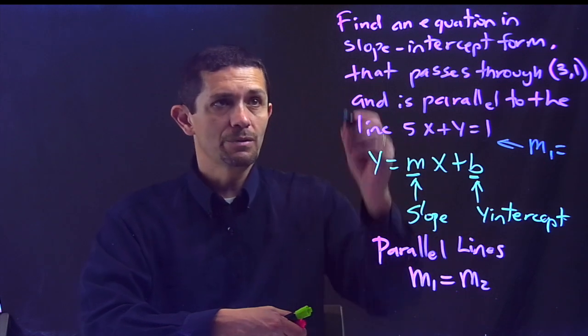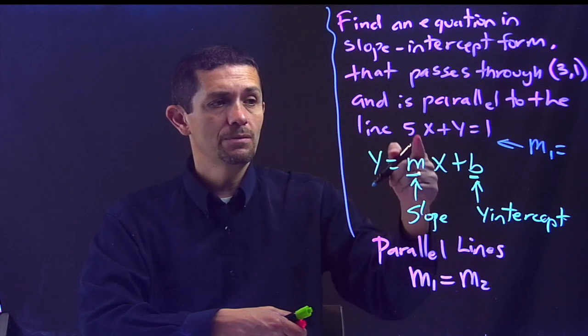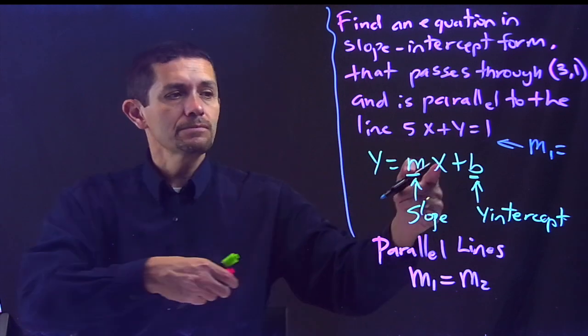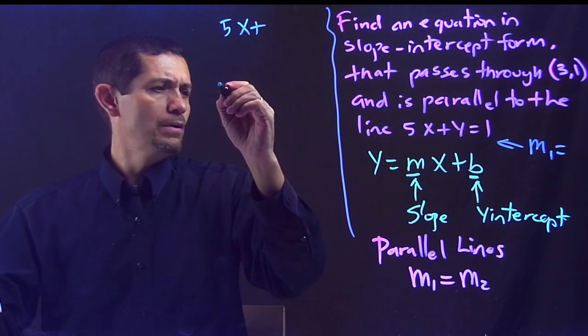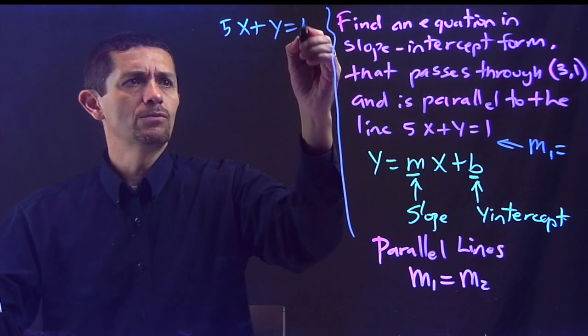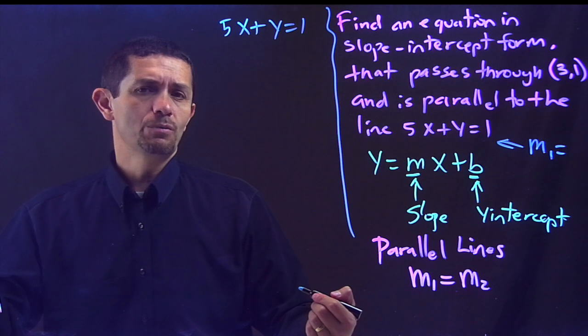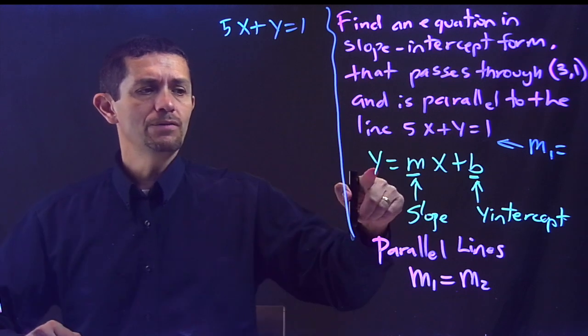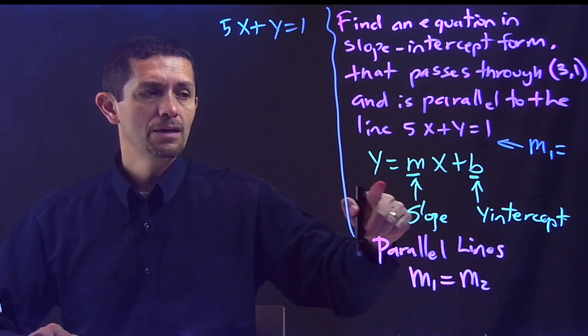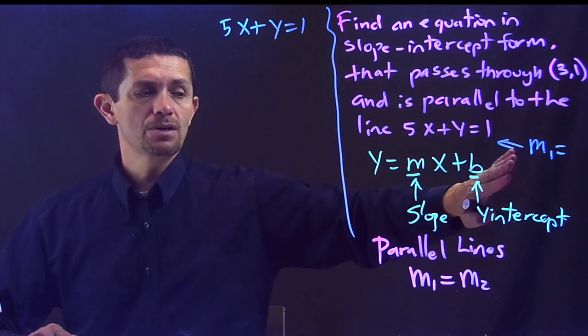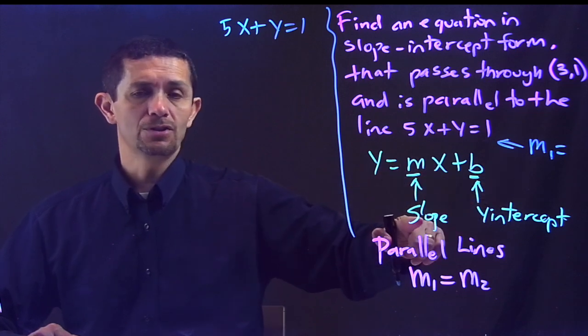So let's go one step at a time. First step, find the slope of this line: 5x plus y equals 1. How do I find the slope of that line? I have to leave the y by itself. I need to isolate the y on one side, and whatever is with the x is going to be your slope.